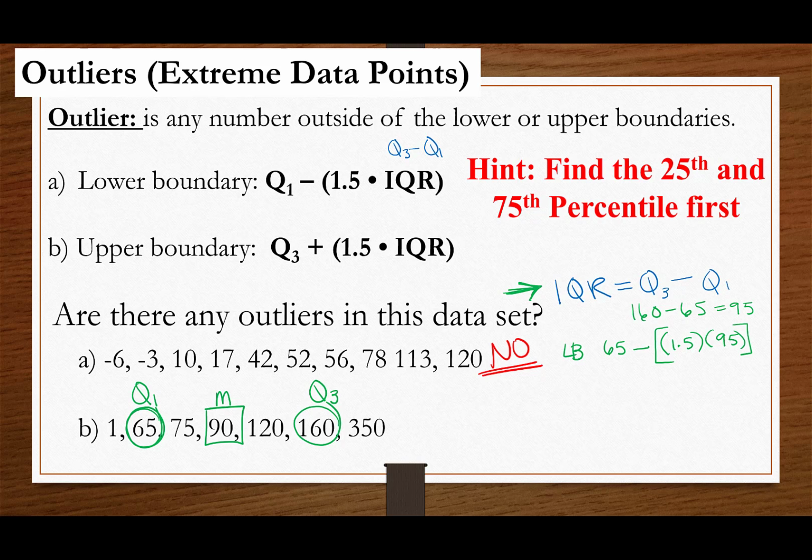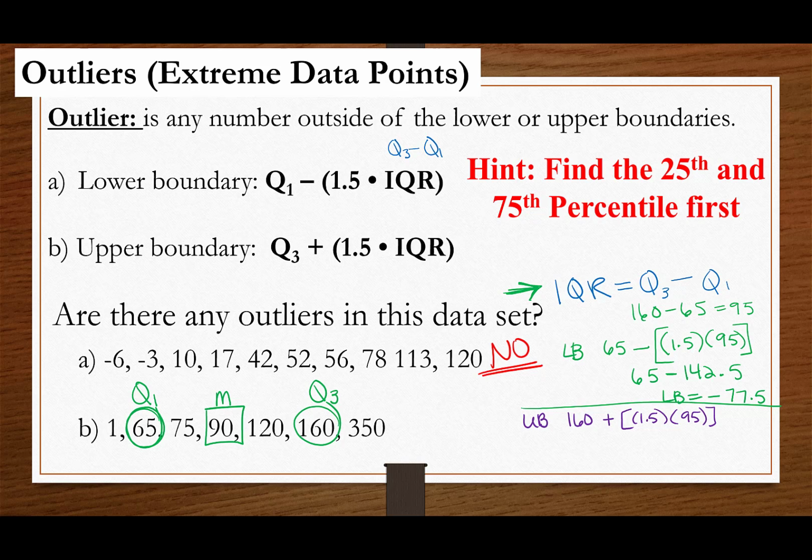1.5 times 95 is 142.5. So we'll take that quartile 1 of 65 and subtract 142.5, and that gives us an LB of negative 77.5. Next, let's find the upper boundary. This time we'll start at quartile 3, which is 160, and add the 1.5 times 95, which is our IQR.